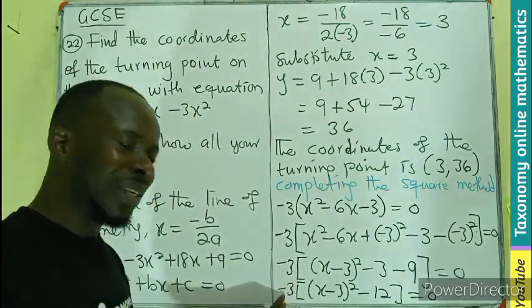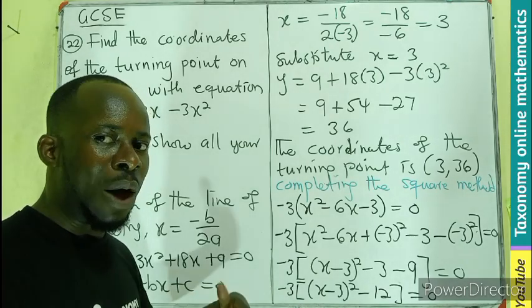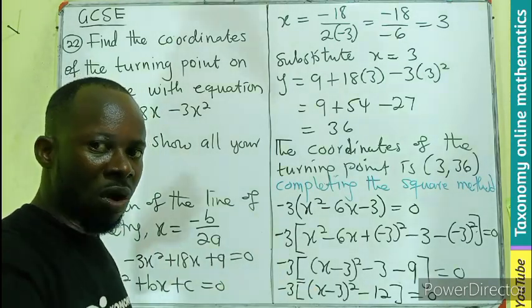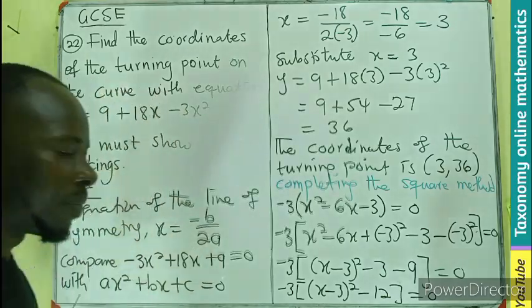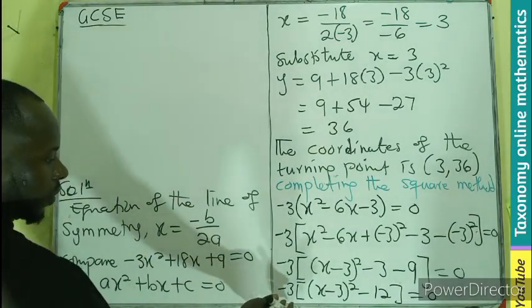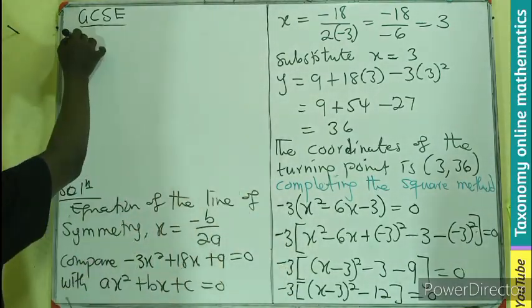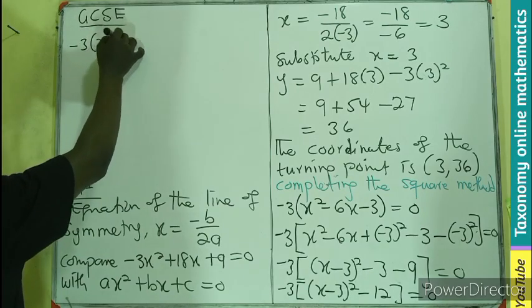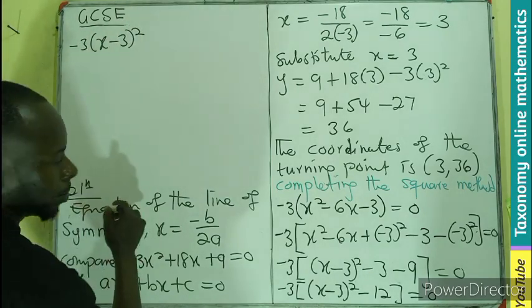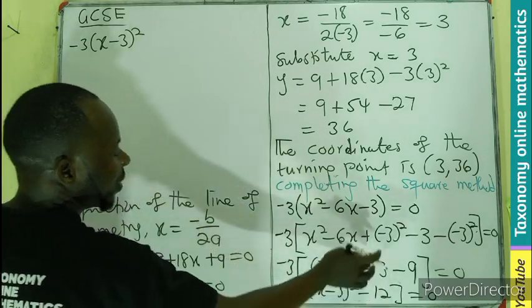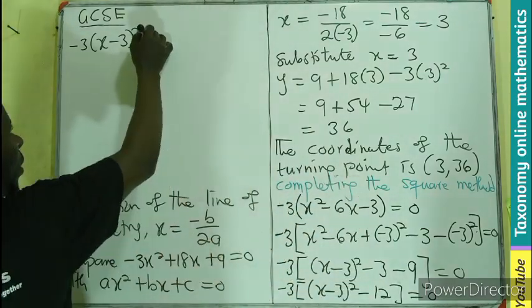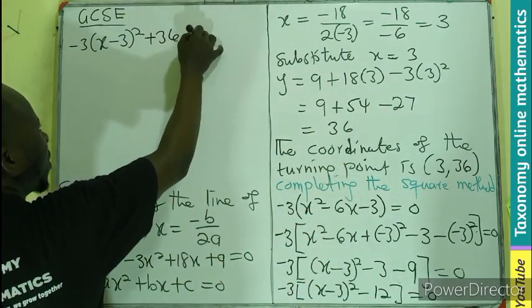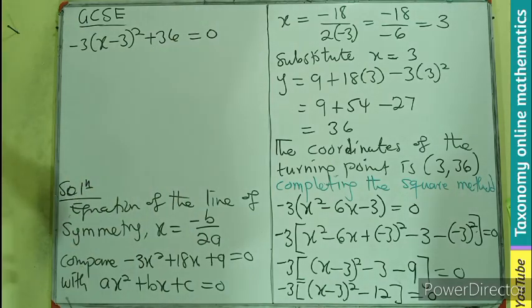We are at the later part of it. But let's expand to remove the minus 3 from the bracket on both terms and see what will happen. If you expand, it will become minus 3 times x minus 3 all squared, minus 3 times negative 12 will be positive 36, equals 0.